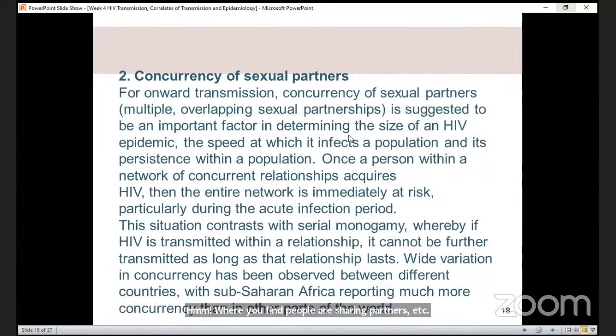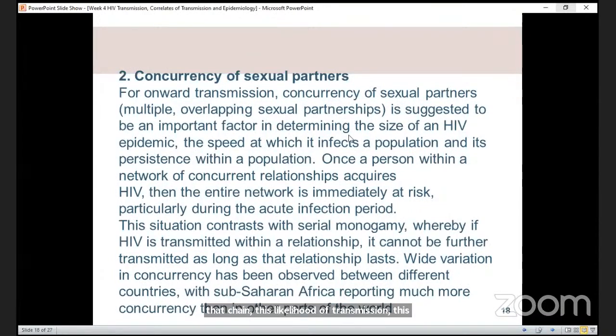Then multiples is where somebody just has many. These are cases that can exacerbate the risk of transmission because with multiple or overlapping sexual partners, the control is not there. You never know, maybe one of the partners is also having multiple or overlapping partners, and so it's a chain, and the circle continues. And with that chain, there's likelihood of transmission.